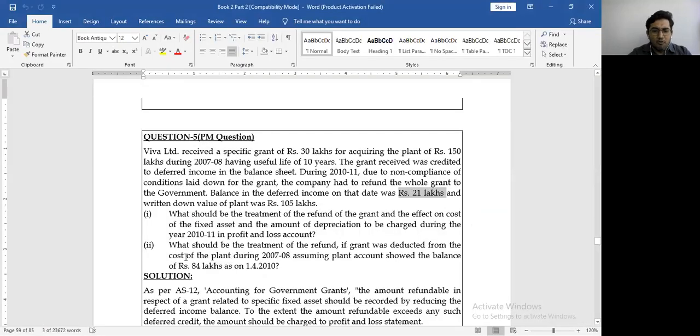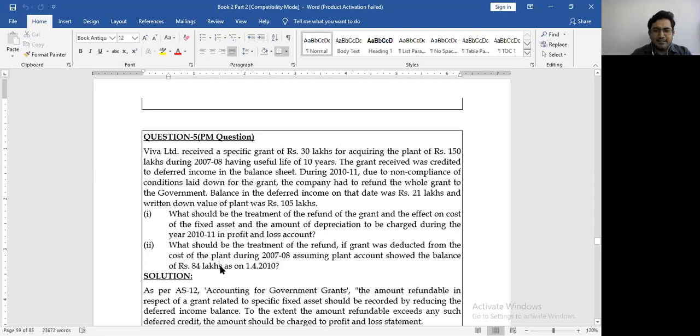Case 2 says, what should be the treatment of the refund if grant was deducted from the cost of the asset, assuming that the plan showed a balance of 84 lakhs. So first धारा 84 lakhs आपको क्वेश्चन में दिया हुआ है, अब आपको ढूंढने की जरूरत नहीं, you will use 84 lakhs.